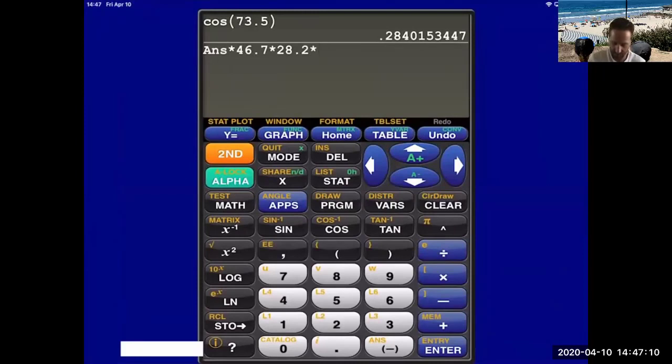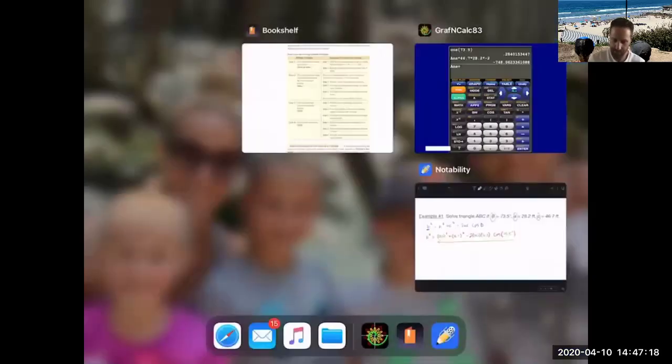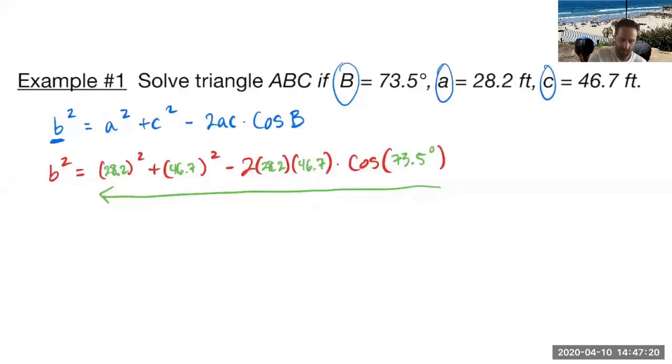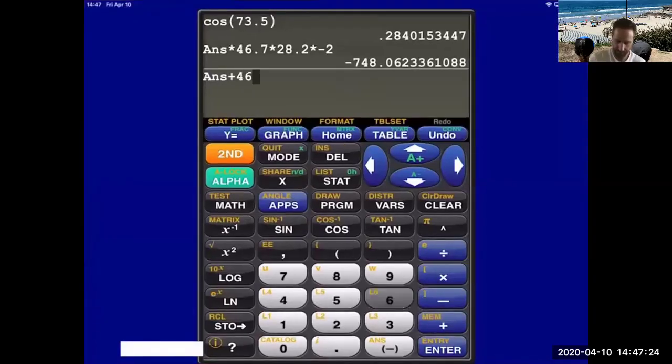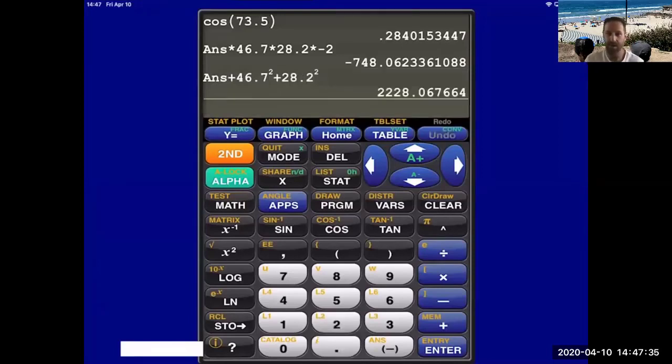So make sure you find that in the proper place. Hit equals. Then don't forget, we're going to add to that our 46.7 squared plus, then we're going to add the 28.2 squared. Now that seems like an awfully big number, and that's because it is.